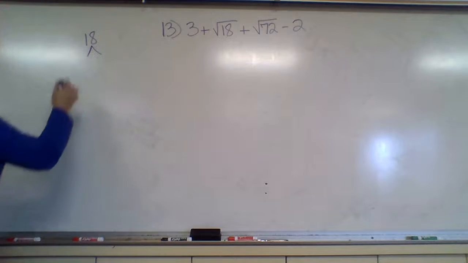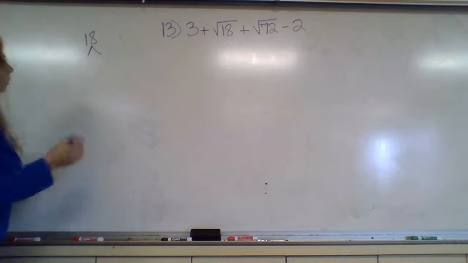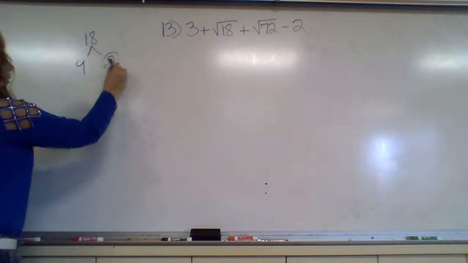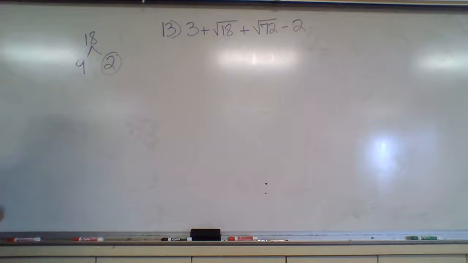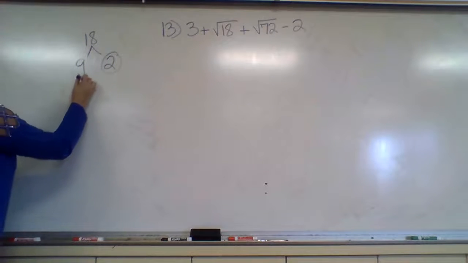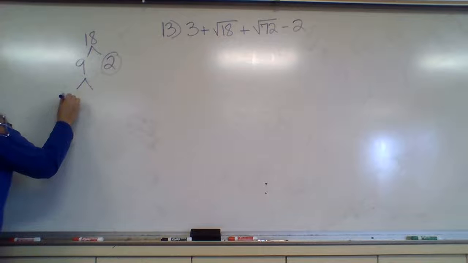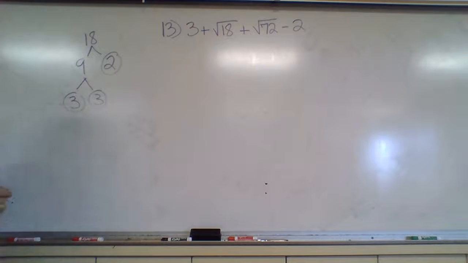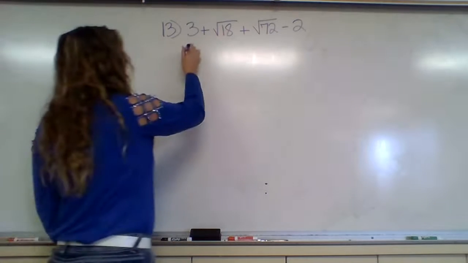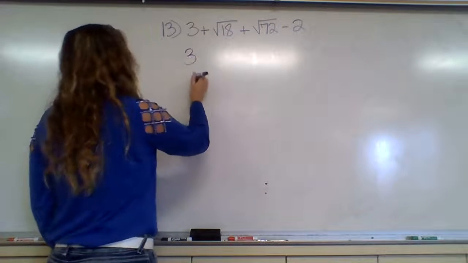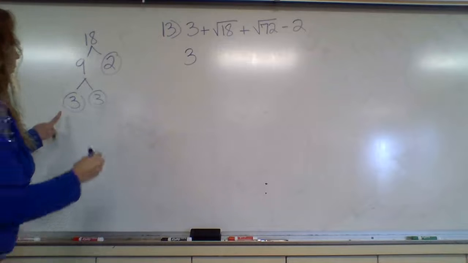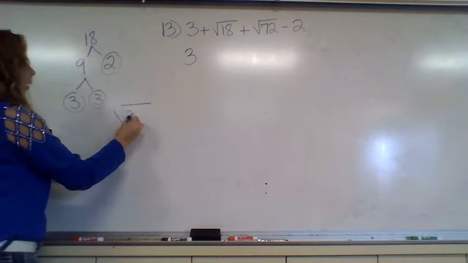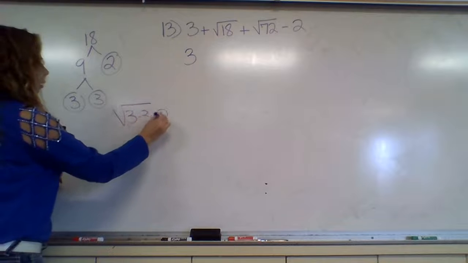You can do 6 and 3. I'm going to do 9 and 2. 2 is prime, 9 is not. Keep going. 9 is 3 times 3. So it's 3, 3, 2.